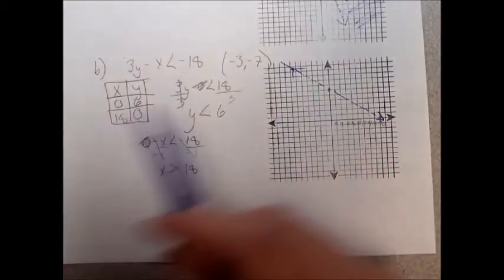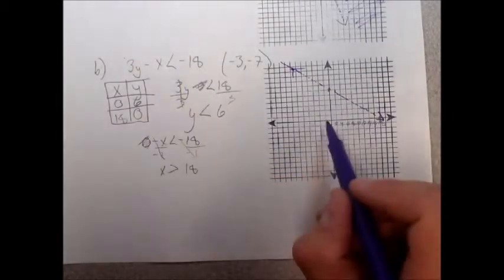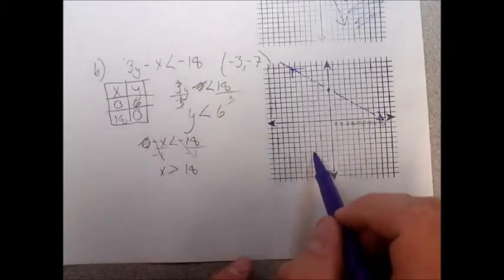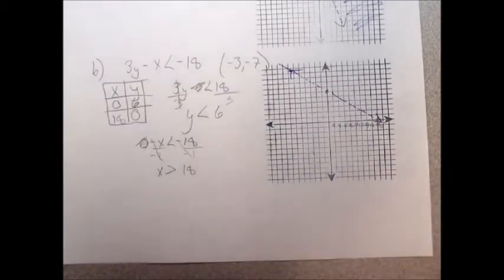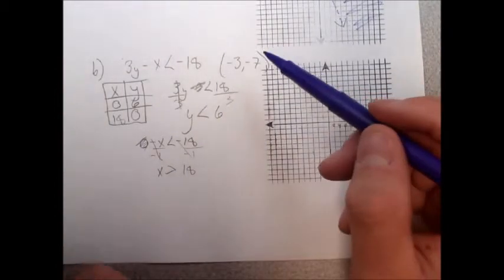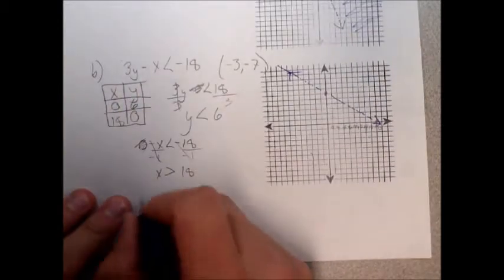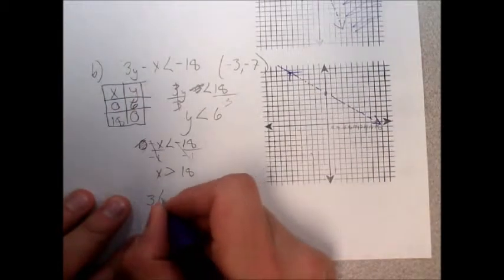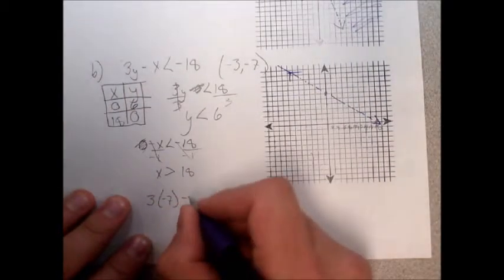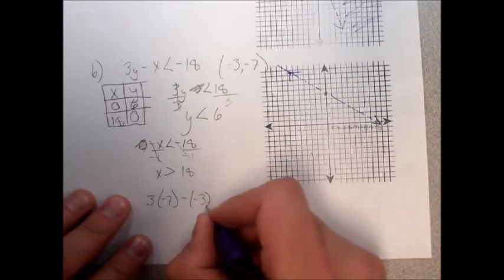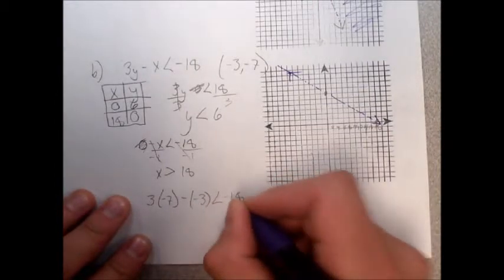My test point is at negative 3, comma negative 7. So negative 3 and negative 7 is somewhere over here. So since my test point is somewhere over here, I'm going to put that into my graph and see if it works out for me. So 3 multiplied by negative 7 minus a negative 3 would have to be less than negative 18 to be true.